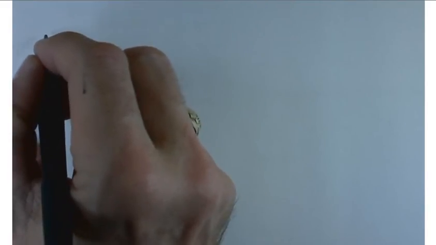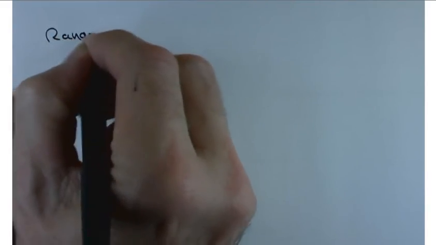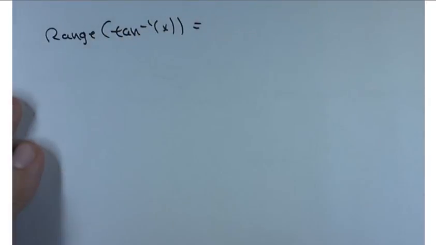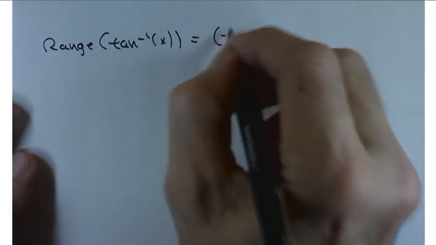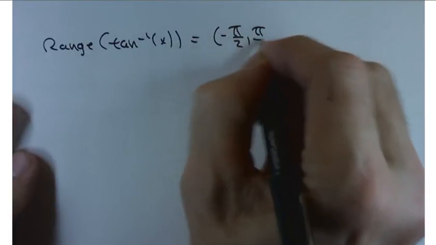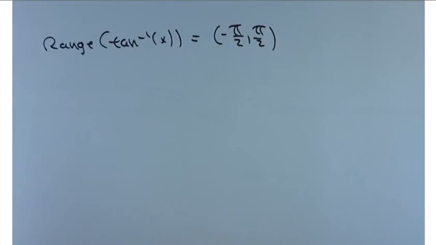So the range for the tangent inverse is negative pi over 2 to pi over 2. I don't think that trick that I just showed you is going to work for the inverse tangent. No. Yeah, it's not going to work so nice.